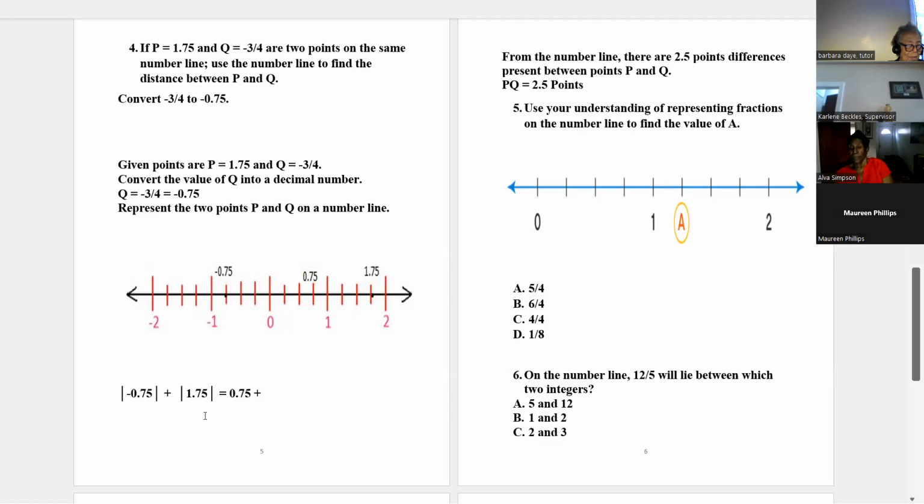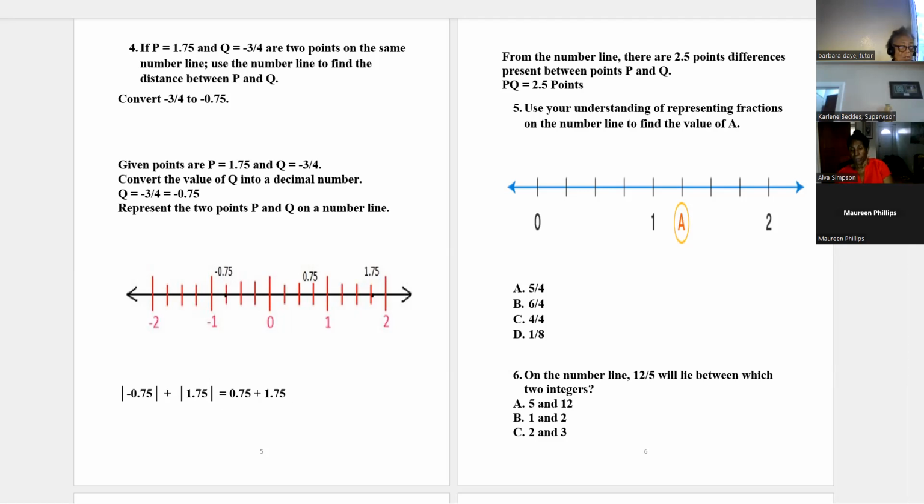What do you see between the two vertical lines here? It's 1.75. That's the absolute value.